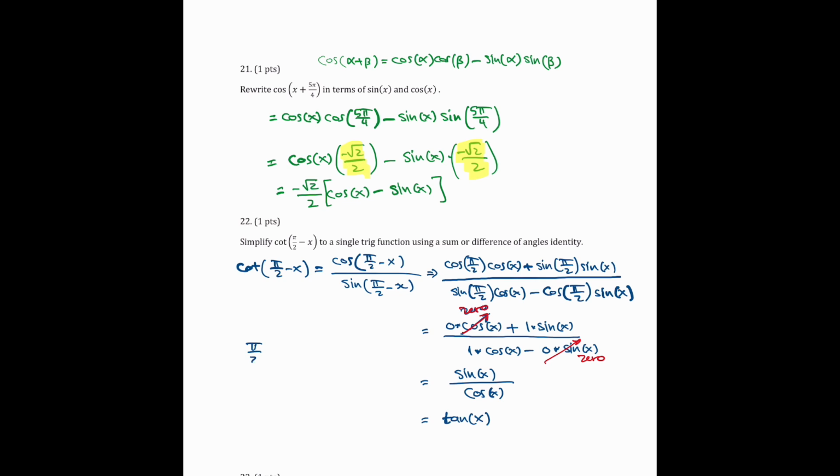And I know that pi over 2 minus x is a complement of x, because pi over 2 minus x plus x equals pi over 2, and that proves they are complements, which means cotangent of pi over 2 minus x is equivalent to tangent of the complement of pi over 2 minus x, which is x in this case. So I could have reached the same conclusion just by thinking about complement angles and cofunctions.